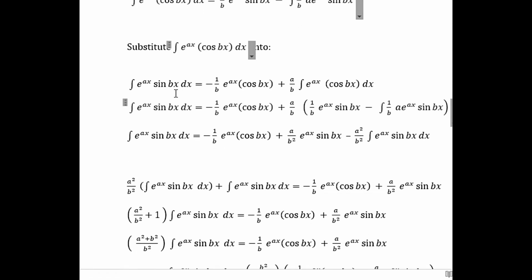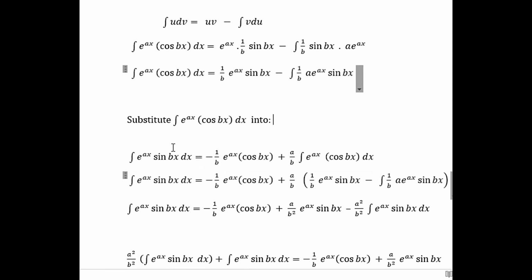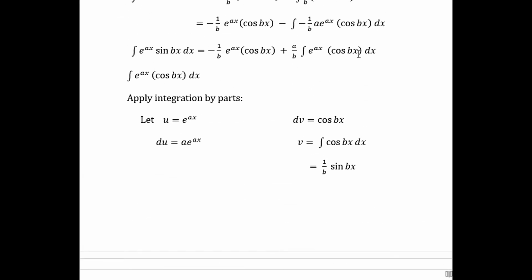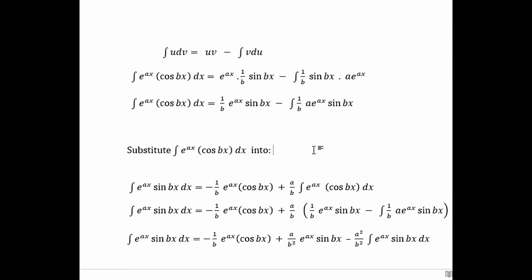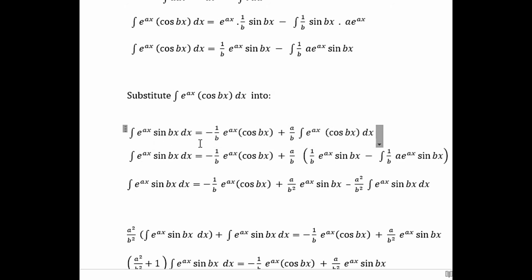Okay, next substitute the integral of e to the ax cos bx into the formula from this. The integral of e to the ax sin bx dx equals 1 over b e to the ax cos bx plus a over b times the integral of e to the ax cos bx dx. So we substitute this into this equation.